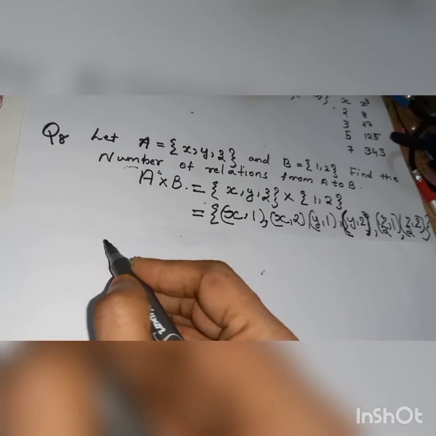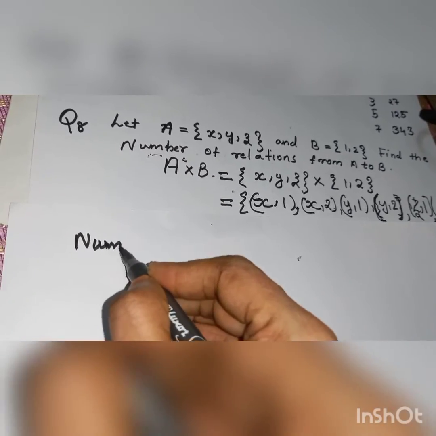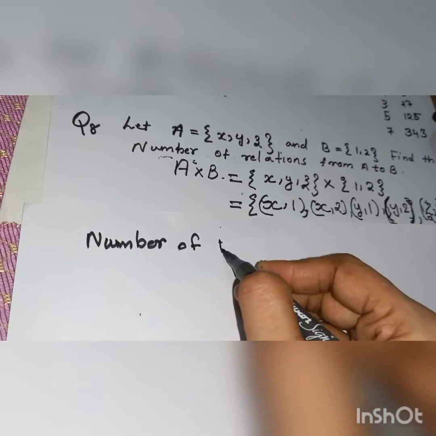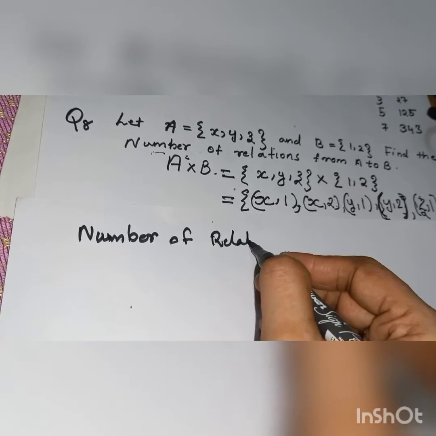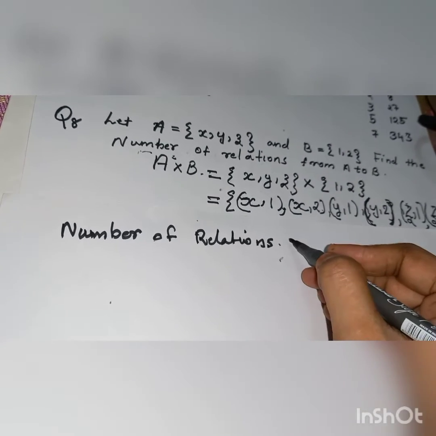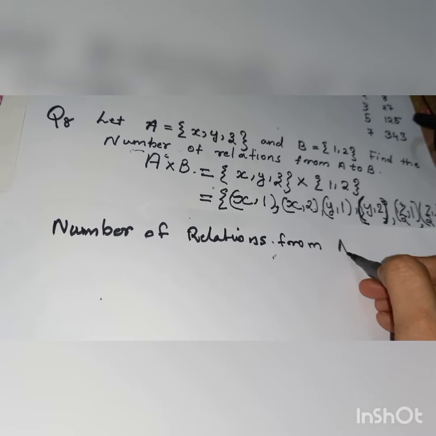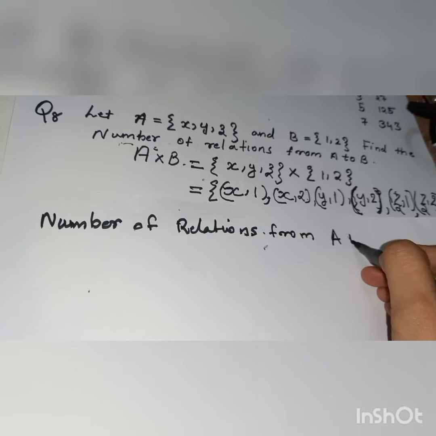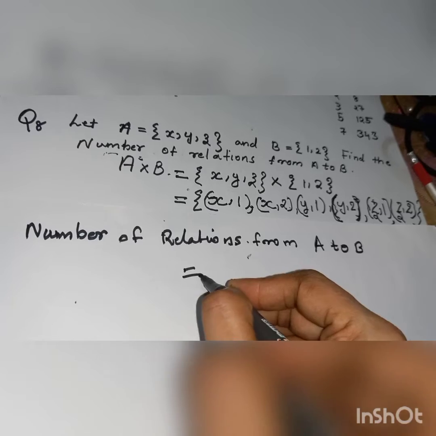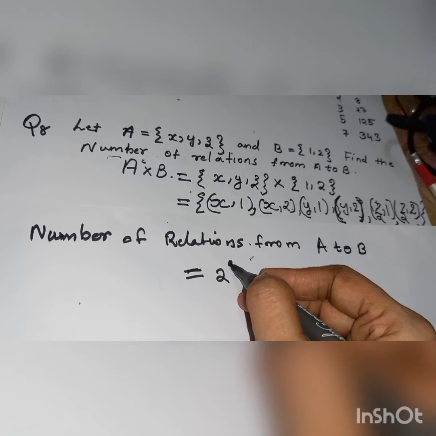So the number of relations from A to B is 2 to the power 6. Why?